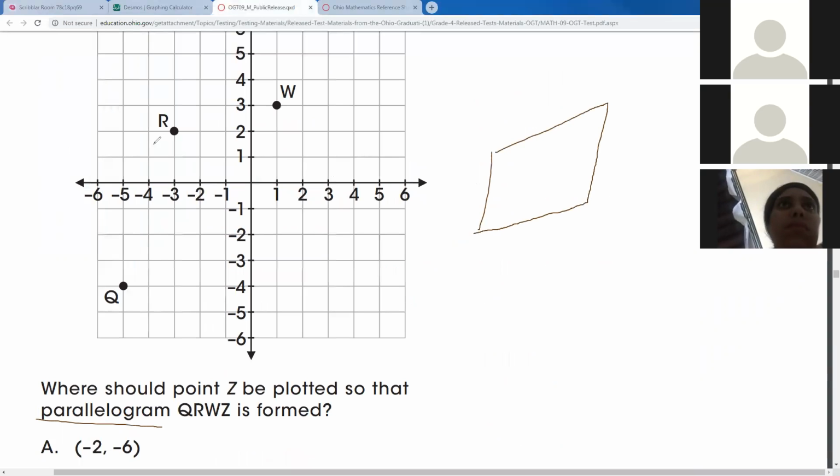So right now we have Q to R. That was not very straight. Let me try again. And R to W. So they're saying, where do we put the last point so we get that tilted rectangle made up of parallel lines?